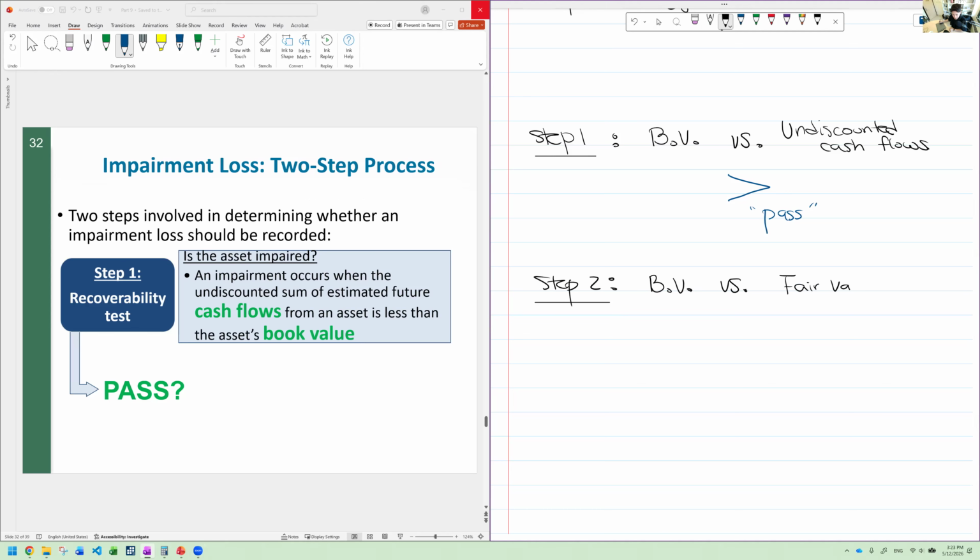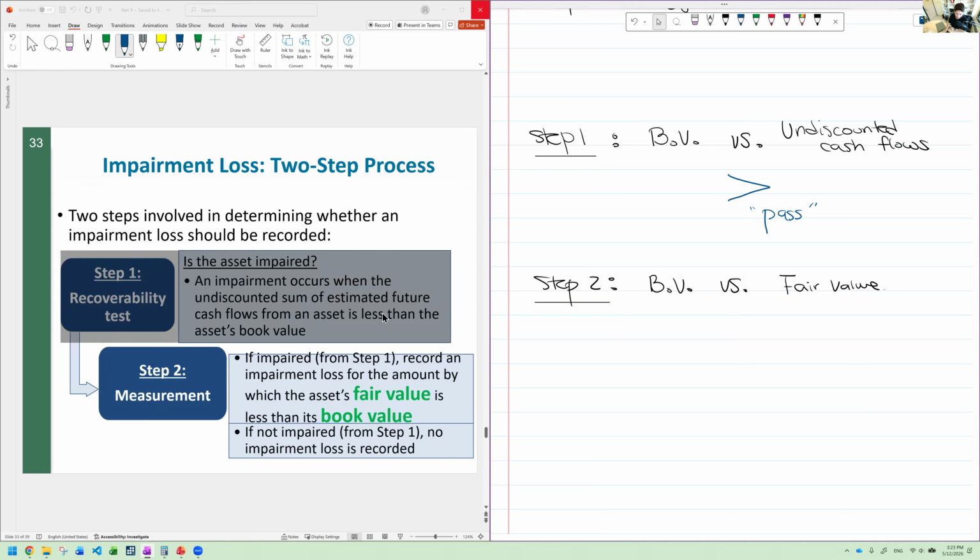Again, the fair value will be provided to you. We simply compare the book value and the fair value. And if your book value remains greater than the fair value, then we determine that this asset is impaired, it lost value significantly, and you are going to record the impairment journal entry accordingly.